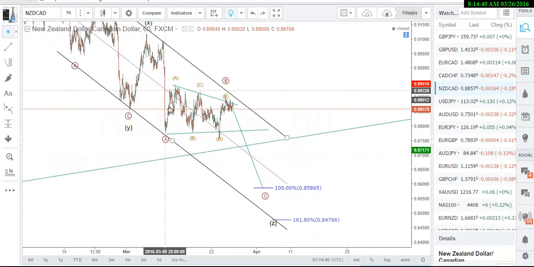And we could see the first leg of the third, and then the second leg of the third is giving us a triangle. So at this point, we could see price moving down to somewhere around there.